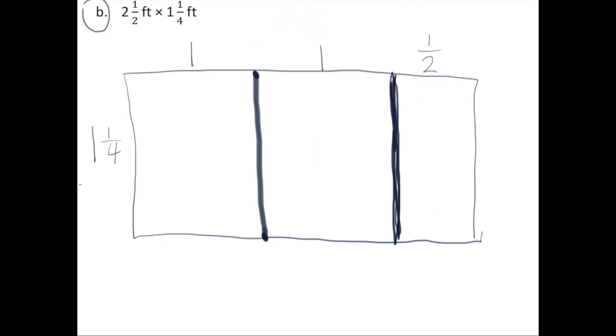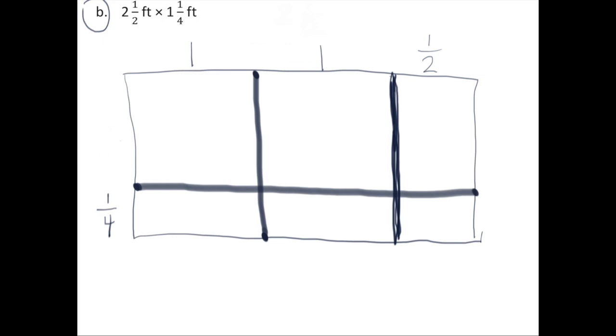And then on this side, we're going to decompose 1 1/4 to 1/4, and again, this is not proportional, and 1 whole. Okay, so we've decomposed 2.5 to 1, 1, and 1/2, and we've decomposed 1 1/4 to 1 and 1/4.